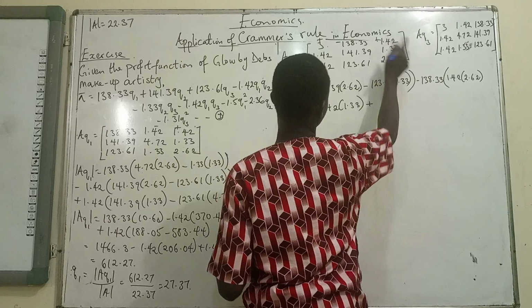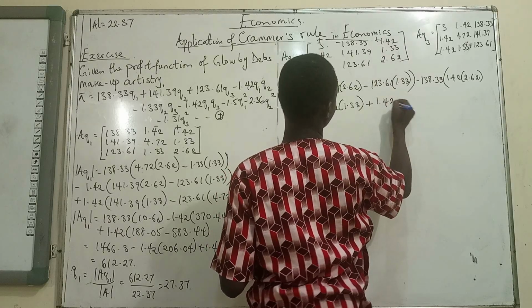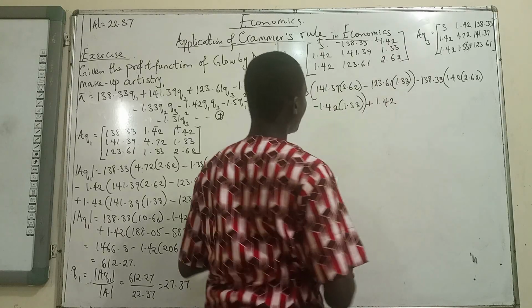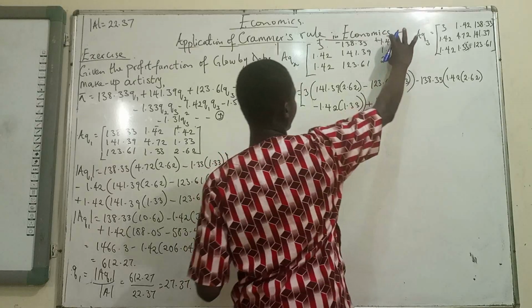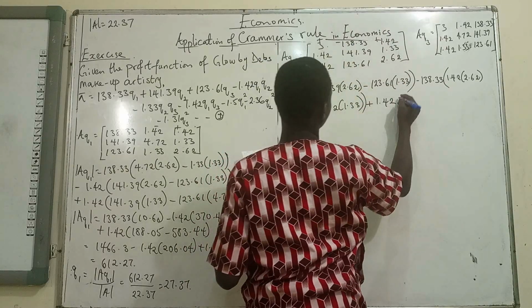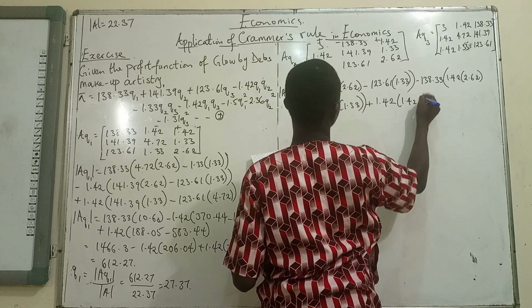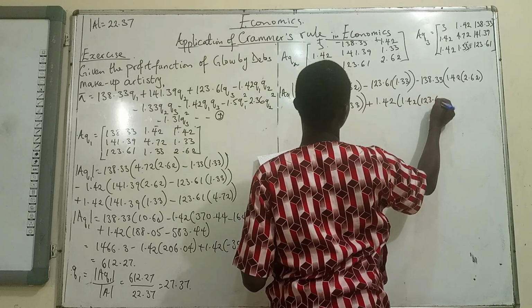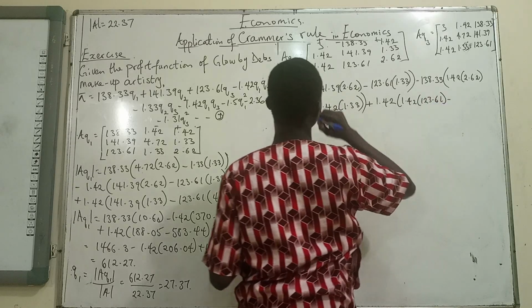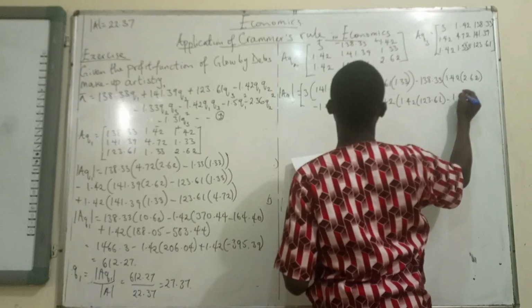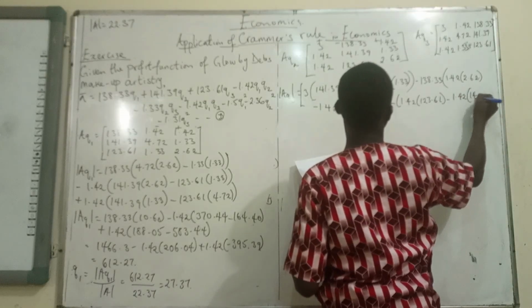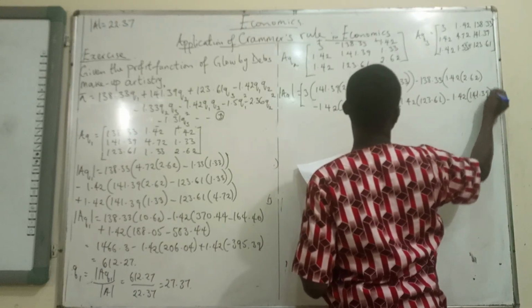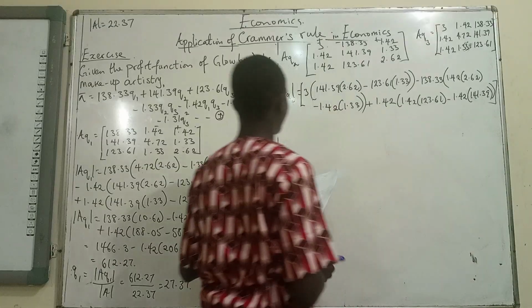Then plus 1.42 into brackets 1.42 times 123.61 minus 1.42 times 141.39. Okay, so we have that.